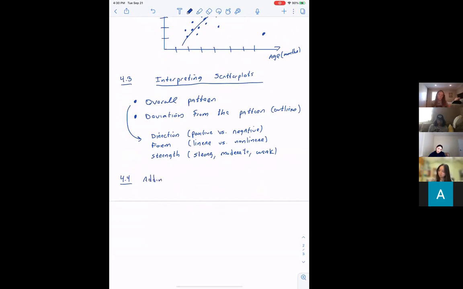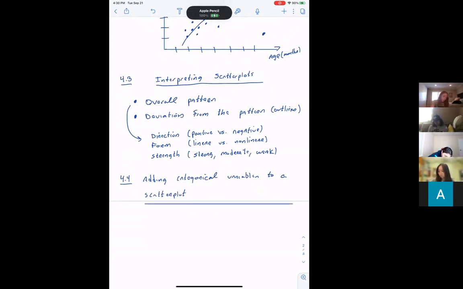Adding categorical variables to a scatter plot. So first, very important, to have a scatter plot in the first place, you need two quantitative variables.